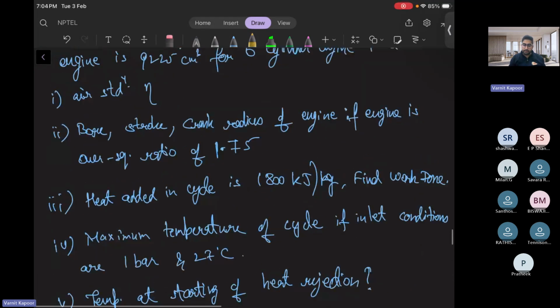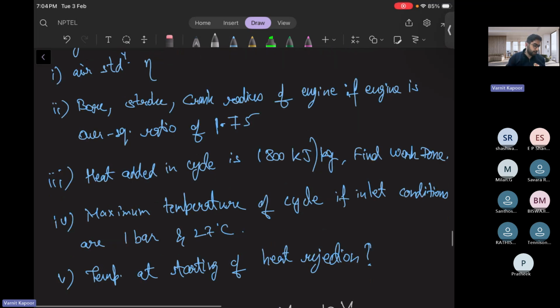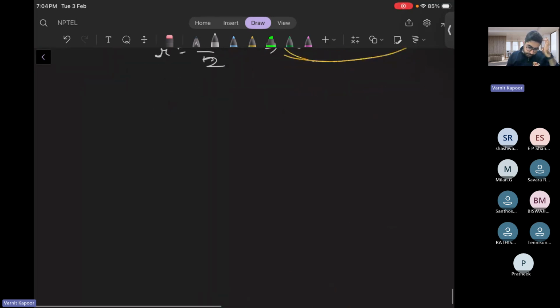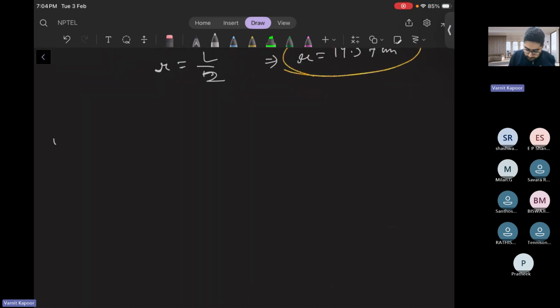Now the third part. Heat added in the cycle is given: heat addition at constant volume is 1800 kilojoule per kg. Find the work done. So you got the efficiency, 61.67%, that is 0.6167 as a ratio. Efficiency is net work done to heat addition at constant volume.